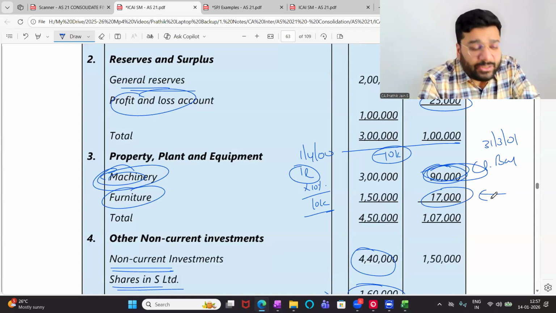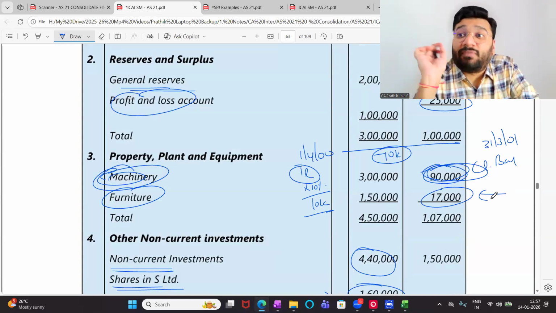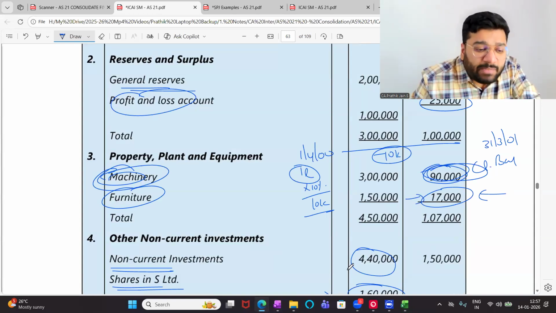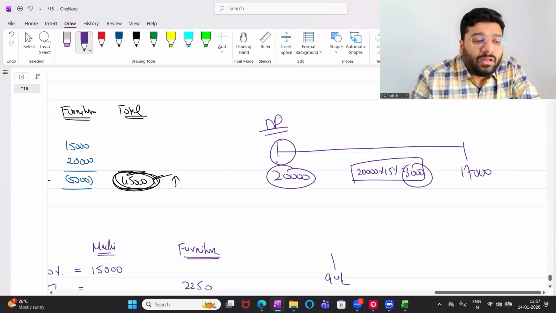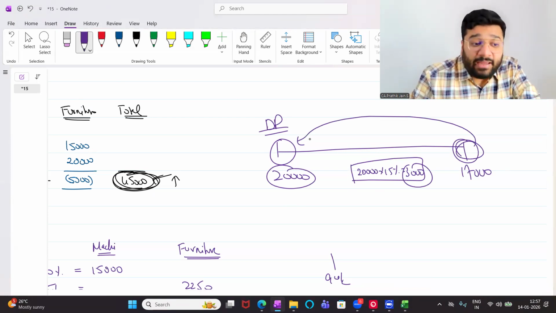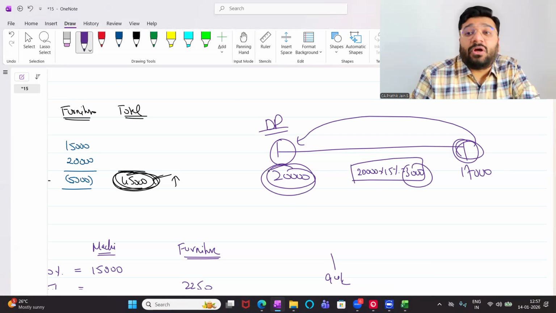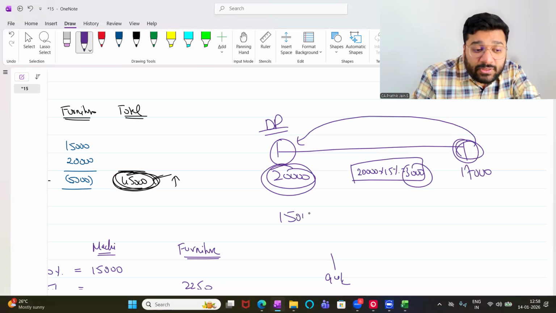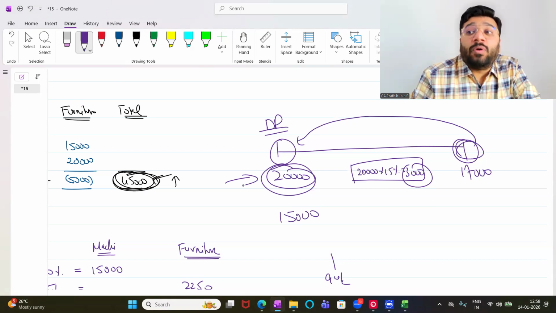This is the standalone balance sheet coming from the books of accounts. 17,000 is the closing balance of furniture. On the date of acquisition, we went back to check whether the value of the furniture is actually 20,000 or not. When we inquired, we found that the value of the furniture is actually only 15,000. Which means this asset is overvalued.